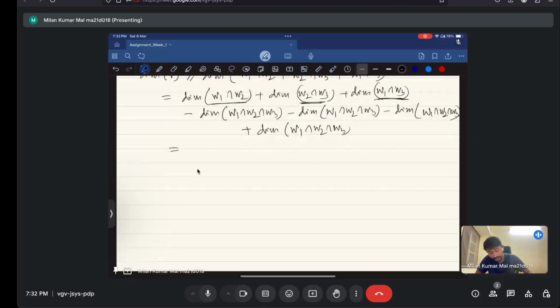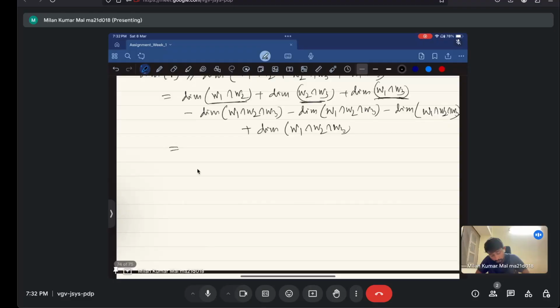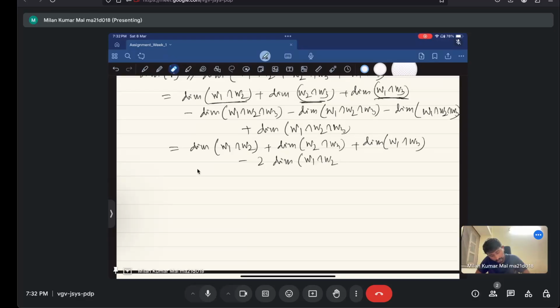Therefore what we are getting here is dimension of W1 intersection W2 plus dimension of W2 intersection W3 plus dimension of W1 intersection W3 minus 2 dimension of W1 intersection W2 intersection W3, and this is less than or equal to dimension of V. Let's mark it 1.